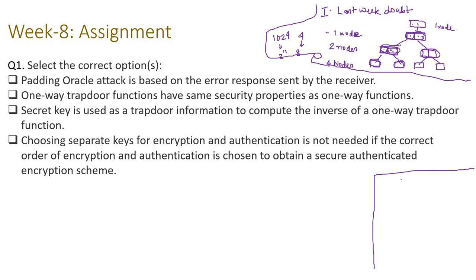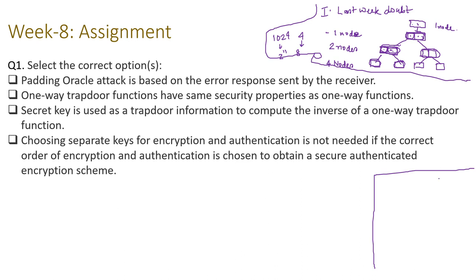And another thing, just let me discuss it here. As we know, to build an authenticated encryption scheme, we have necessarily three approaches, right? One is encrypt then MAC, which always gives a secure authenticated encryption scheme, provided that the underlying encryption scheme is CPA secure and the MAC that we are using is a strong MAC.